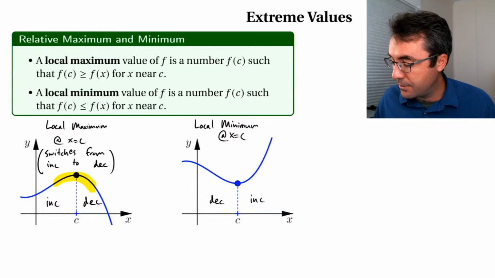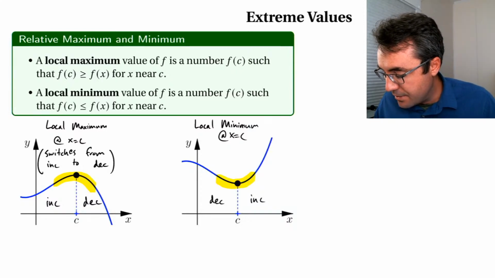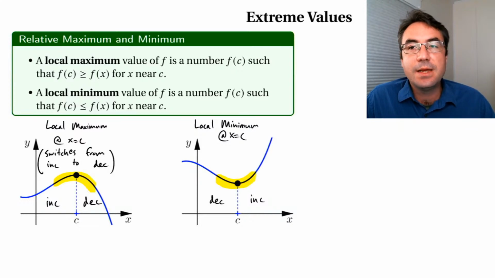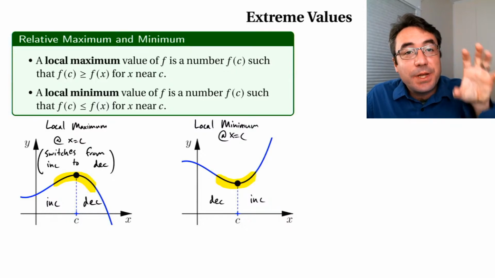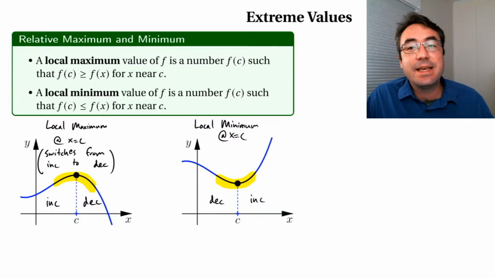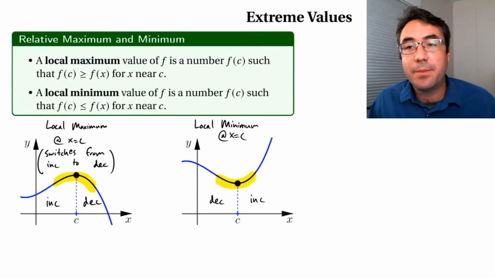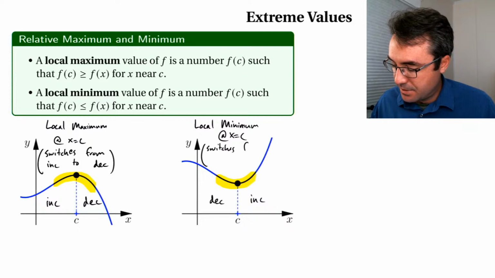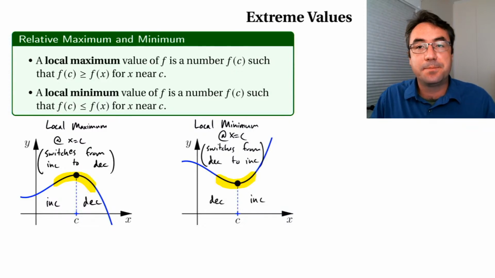So right around x equals c here, that point is as low as we can go. So that's a local minimum. But another way to characterize it is when we have that switch from decreasing to increasing, we get a local minimum in that case. So if we see this behavior where our graph switches from decreasing to increasing, we have a local minimum.